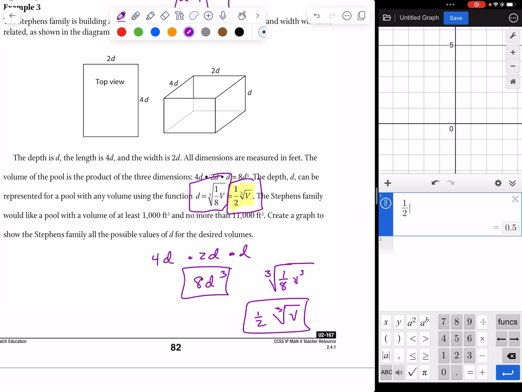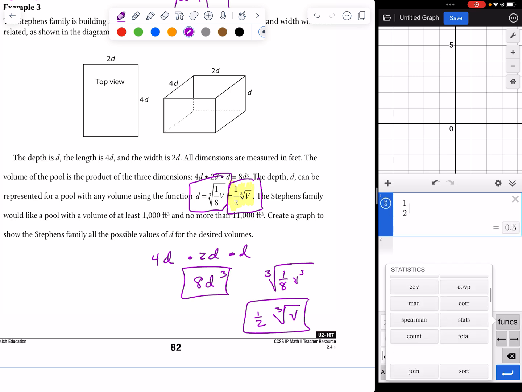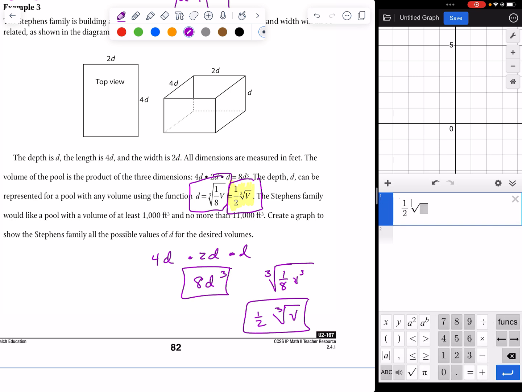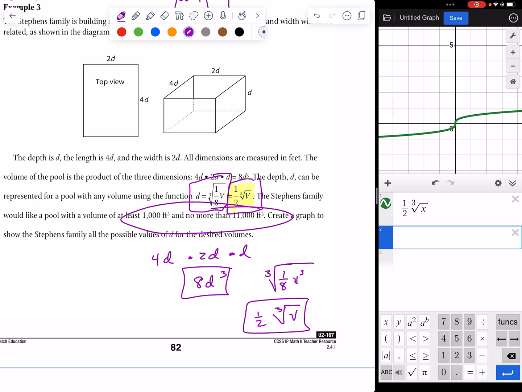Function, go all the way down. Third root x. Now it says at least 1,000 gallons, no more than 11,000. So 1,000 is less than or equal to x, less than or equal to 11,000.